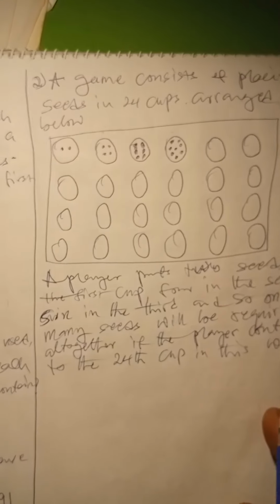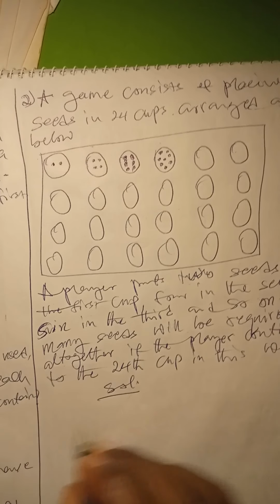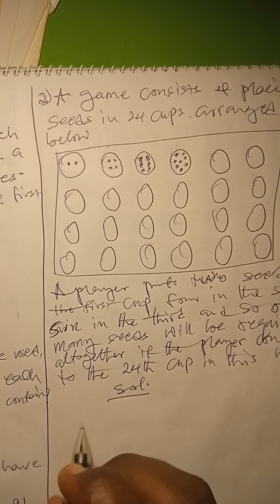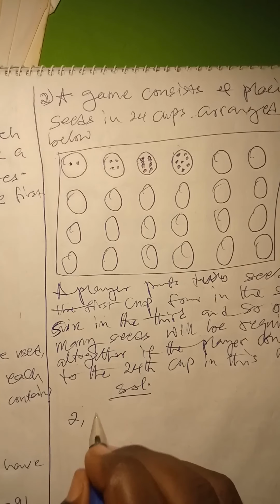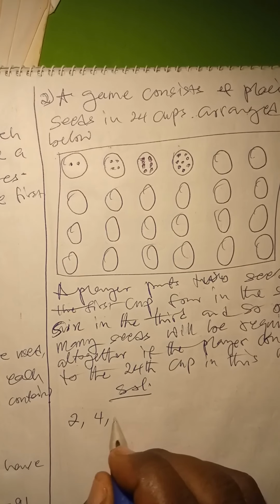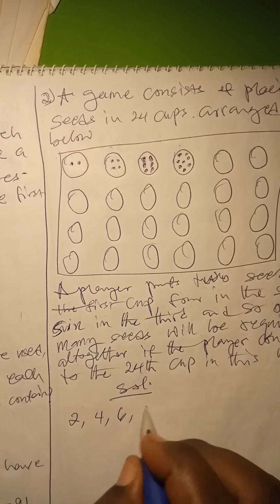So we are looking at the sum now. I can form my AP here because it's clearly an AP. So I can say solution. This is an AP because the first cup has 2, the second cup has 4, the third cup has 6, the fourth cup has 8, and so on.